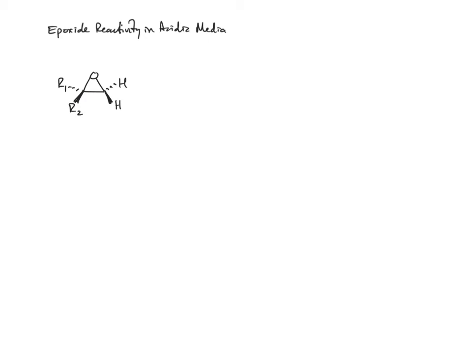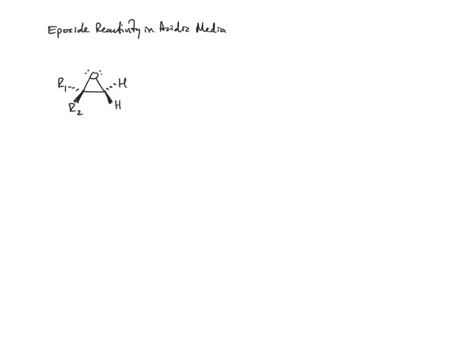So whenever we're given an epoxide, the first thing that we want to do is look at the two carbons, so the sp3 hybridized carbons that are bonded to that oxygen. And then we want to classify them as if they were separate alcohols.